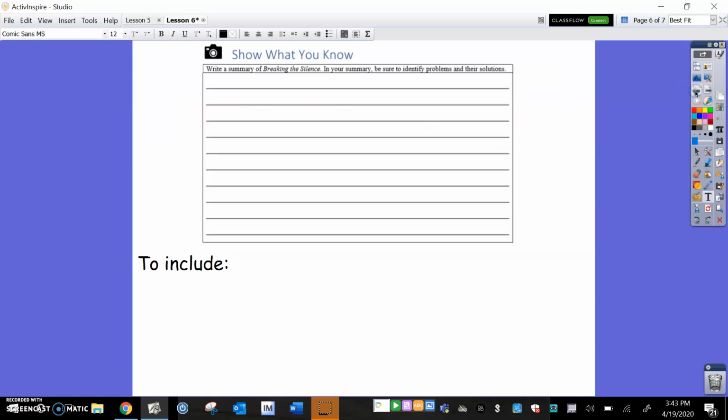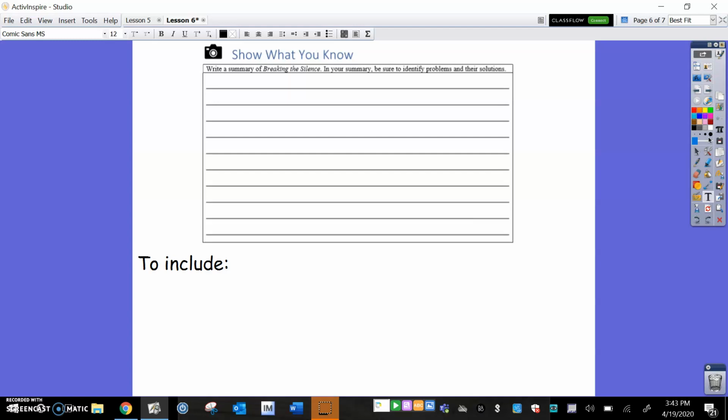Okay, so now that you've read all of Breaking the Silence, and if you didn't read it because you skipped the rest of the try it, go back and read it now so that you can complete this summary. So you have to write a summary of Breaking the Silence.